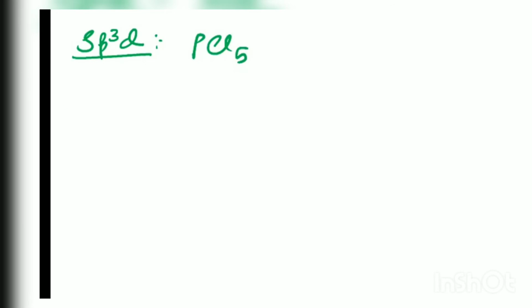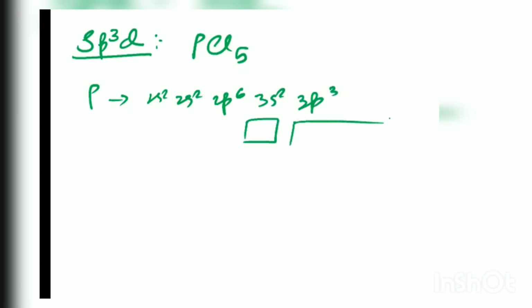So let us draw the electronic configuration first, that is 1s2 2s2 2p6 3s2 3p3. Okay, so we are doing the same thing we did in the previous.